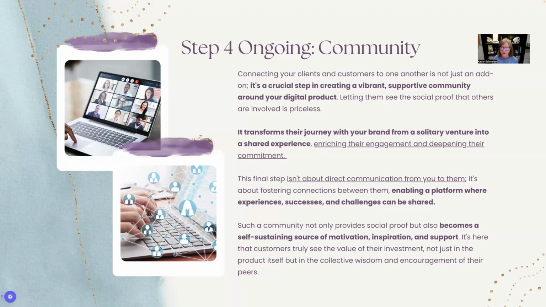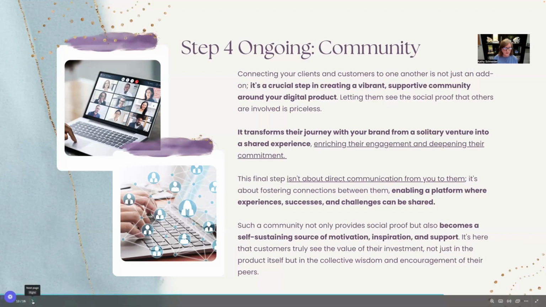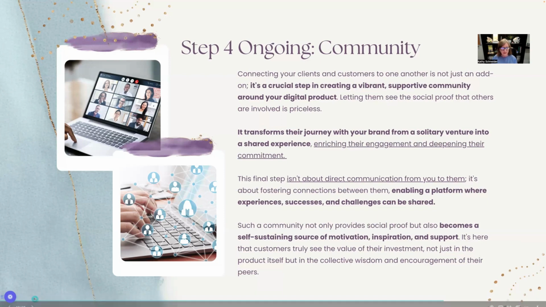It's about fostering connections between them, enabling a platform where experiences, successes, and challenges can be shared. Such a community not only provides social proof, but also becomes a self-sustaining source of motivation, inspiration, and support. A lot of times it more or less becomes peer-led.